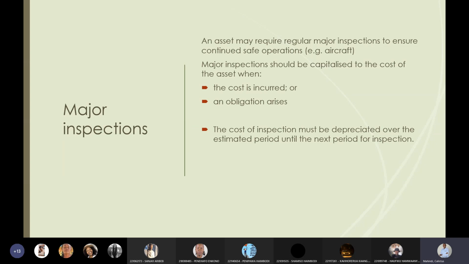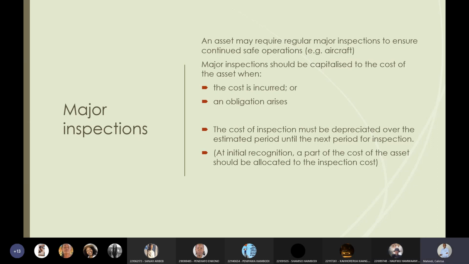At initial recognition, a part of the cost of the asset should be allocated to the inspection cost. So when you initially buy an aircraft, for instance, on that date, a part of the cost should be allocated for inspection costs. Obviously, a new aircraft would have already been inspected.